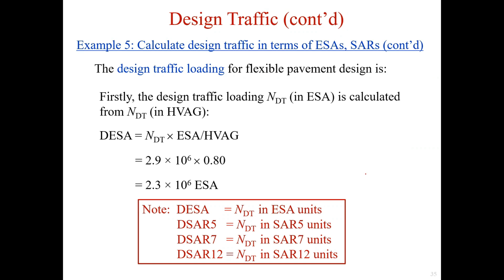So DESA is NDT in ESA units. Similarly, the DSAR5 is NDT in SAR5 units. The DSAR7 is NDT in SAR7 units, and the DSAR12 is NDT in SAR12 units.